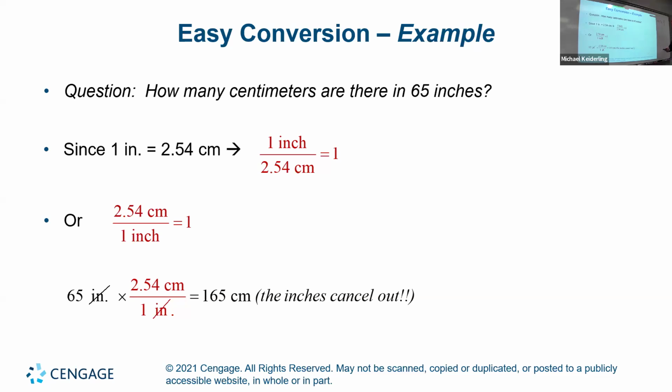So if we want to get rid of inches and end up with centimeters, we can take 65 inches and multiply by 2.54 centimeters divided by 1 inch. The inches will cancel, and we'll be left with centimeters. So 65 inches times 2.54 centimeters is 165 centimeters.